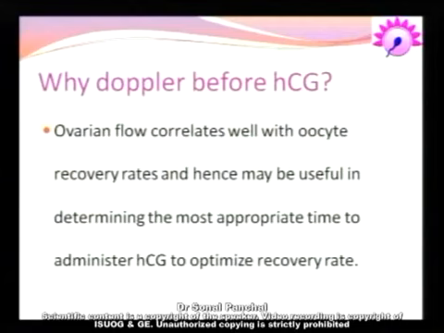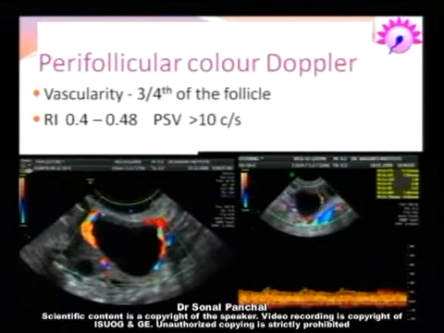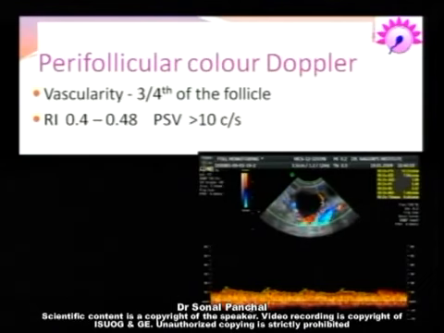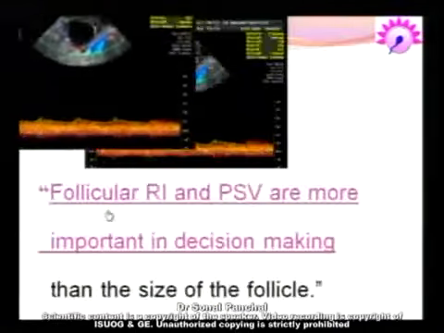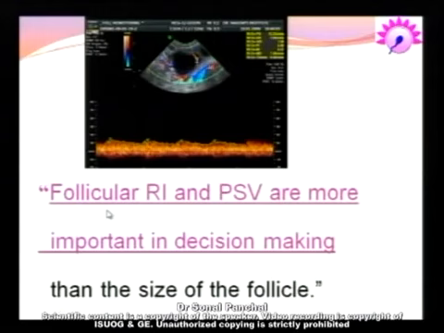phase. The ovarian flow correlates well with the oocyte recovery rates, and therefore, before giving HCG, Dopplers should be done. The vascularity should cover about 3/4 of the circumference of the follicle, and the RI should be less than 0.48 and PSV more than 10 centimeters per second.